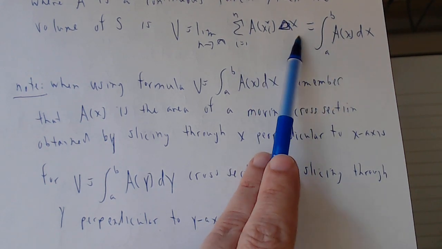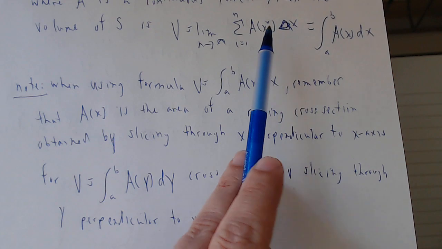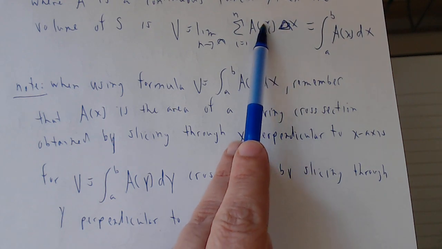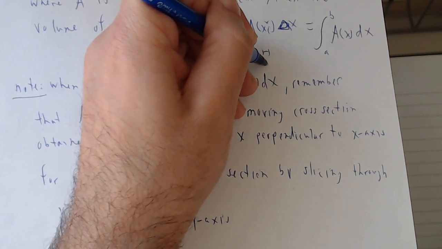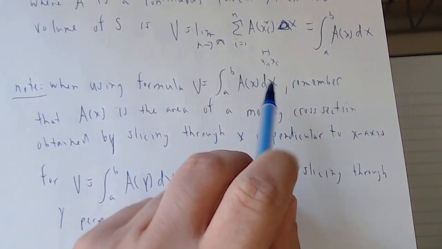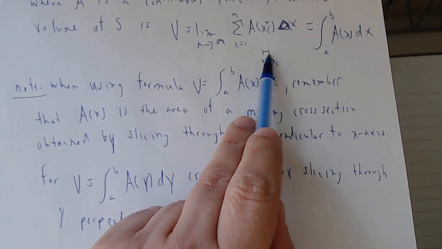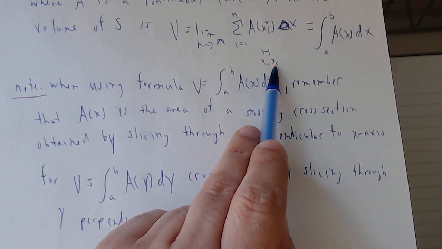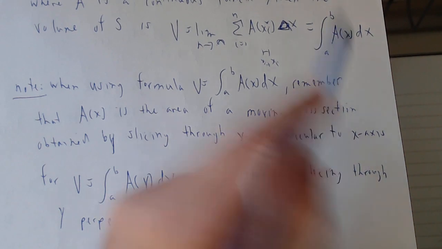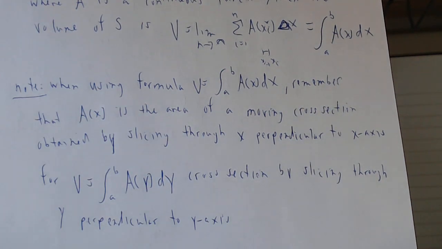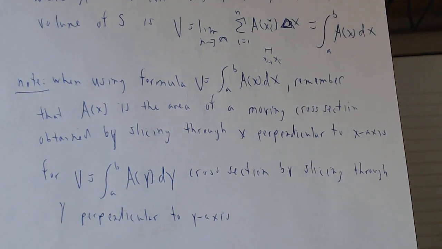Because the subinterval becomes so small, like if I have x sub i minus 1 and x sub i, that they practically become the same x value, and that's why this just becomes A(x). So it's a nice way of getting around it. So let's look at our examples.